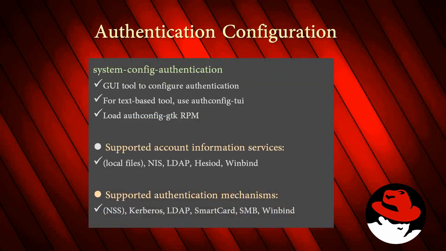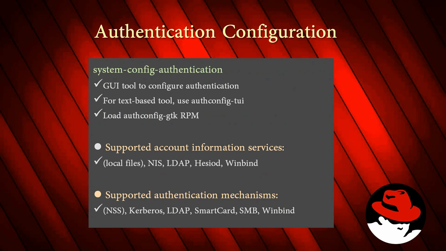The authentication configuration can be done by the system-config-authentication option in the GUI mode of GNOME. It is a GUI tool to configure authentication. For a text-based tool, use authconfig-tui, loaded with the authconfig-gtk RPM.